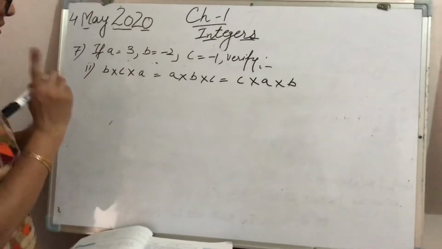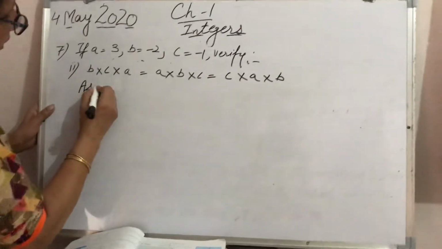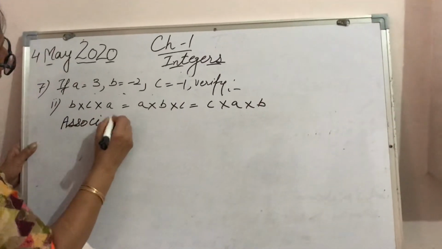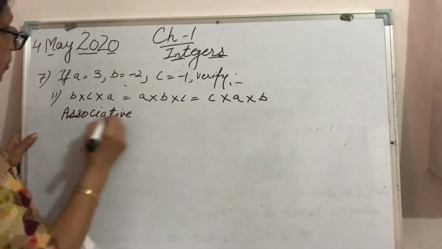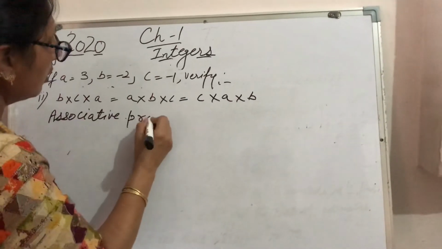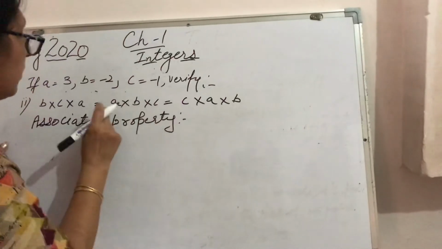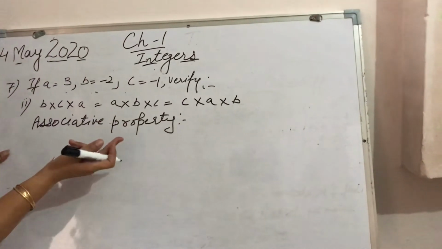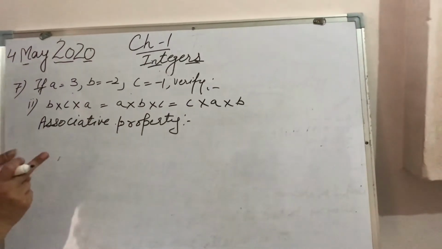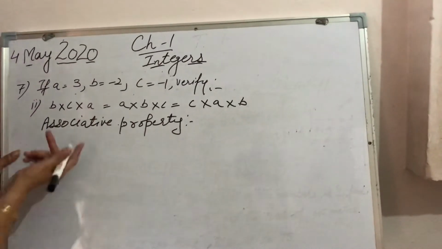So we have already done this property, the associative property. Associative property: if their orders are changed, there is no change in the answer. The answer will remain the same. So let's check.